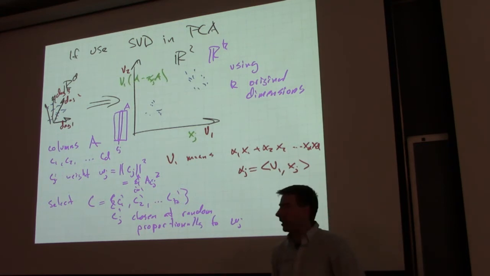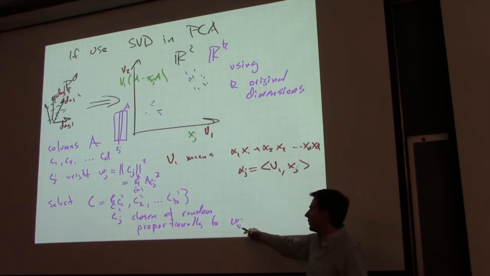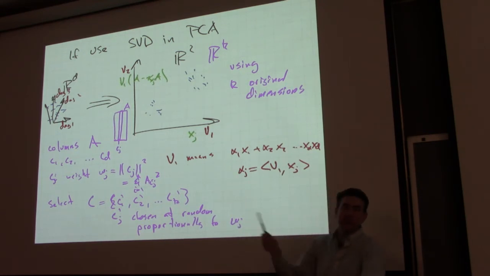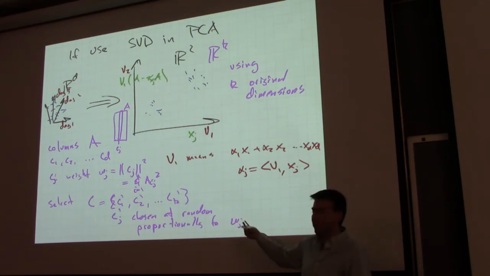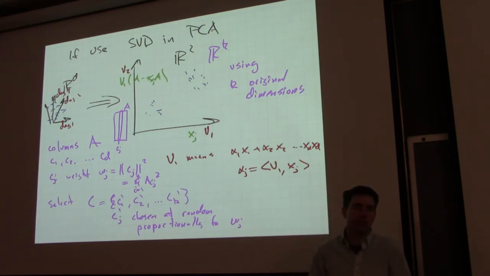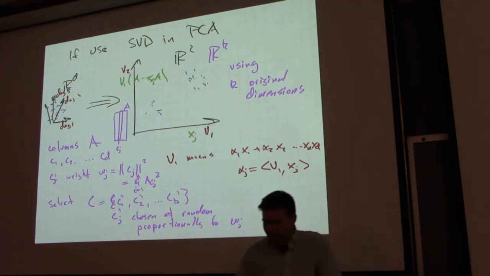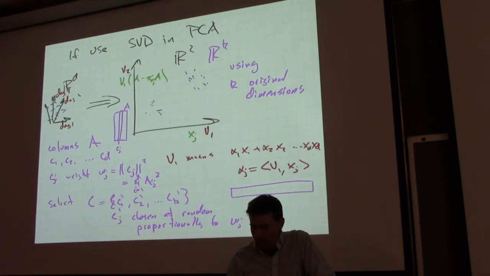If I have two columns and one weight is twice as big as the other, I'm twice as likely to select the column with the larger weight. We talked earlier in the semester about how to do this. You have all of these columns with different weights: weight 1, weight 2, weight 3, weight 4, and weight 5.